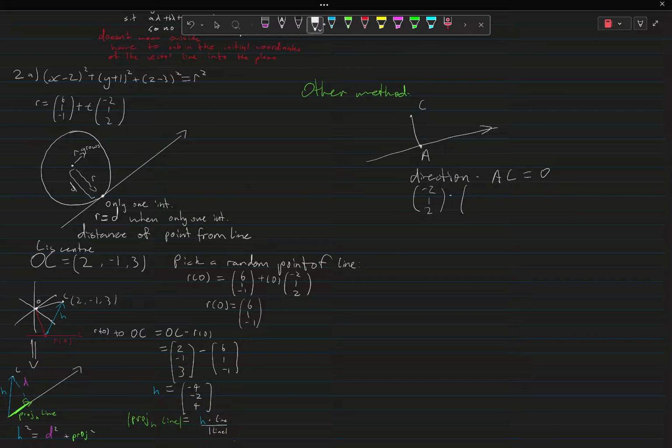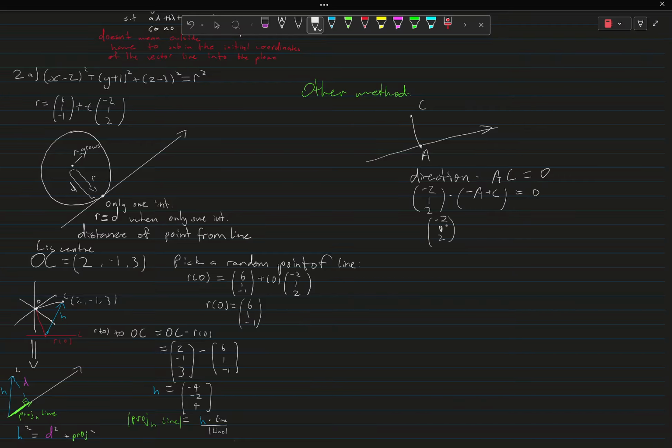We don't know A, but we know C, so AC going from A to C is negative A plus C, and that equals 0.